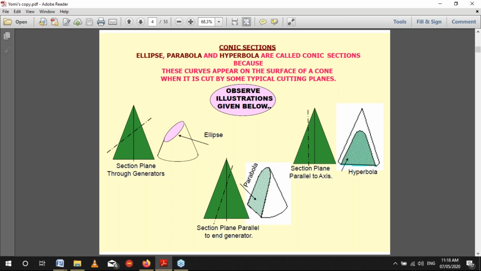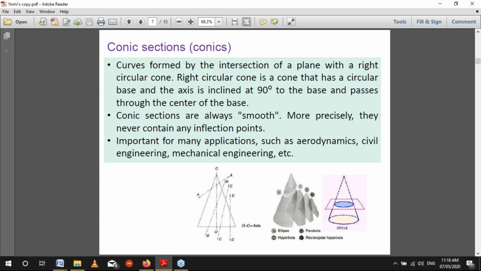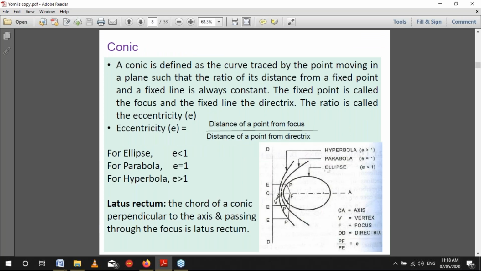The fixed point is called the focus and the fixed line the directrix. The ratio is called the eccentricity.